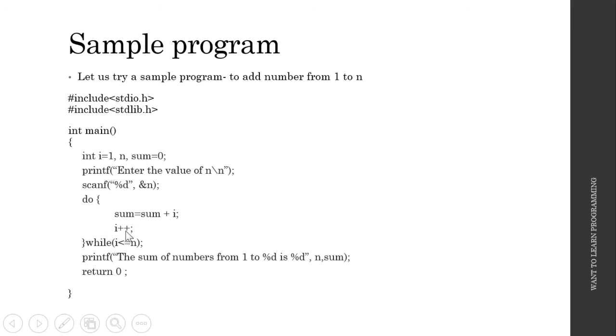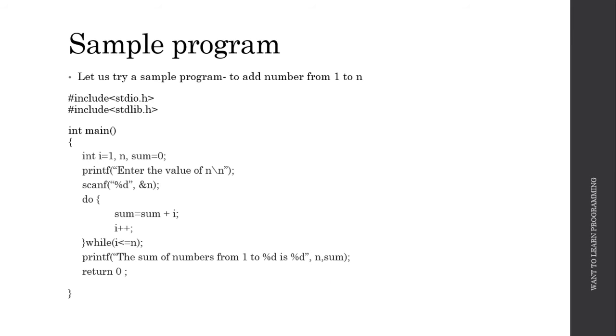Next it will increment again, and while 3 is smaller than or equal to n, that is 3, it will again execute this statement sum is equal to sum plus i, which will make sum become 6. Next it increments i to 4. Now we see that i smaller than or equal to n will not be satisfied because i is 4. So it will come out of the loop and print the sum of numbers from 1 to 3 is 6.